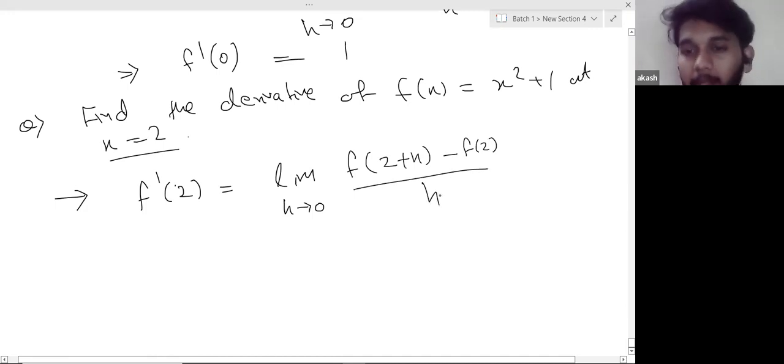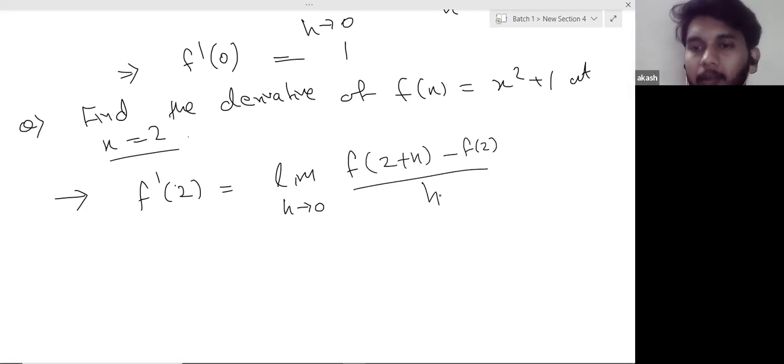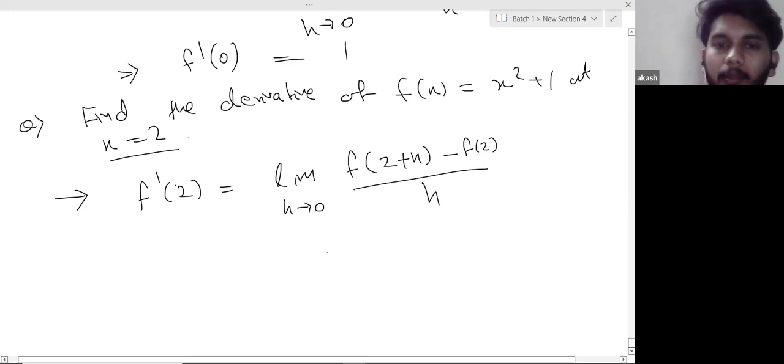This you have to remember, you have to memorize this, otherwise it is very difficult. Arsalan, I think you left the class when I was telling you about this in the last class. Please watch the last class lecture, then you will get this. This is called first principle.